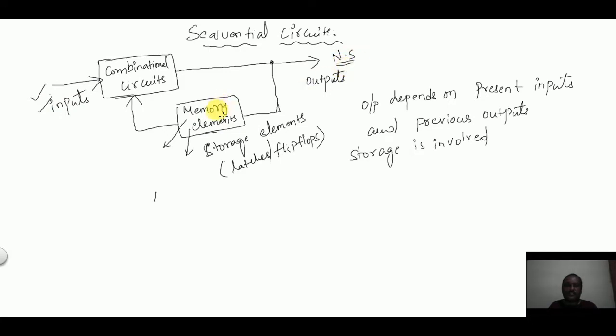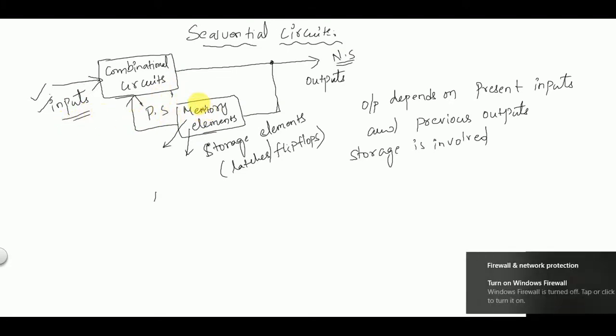So have a clear idea of what the next state, present state and inputs are. The present state is the state before the application of inputs. Whatever value is stored in the flip-flops is called the present state.